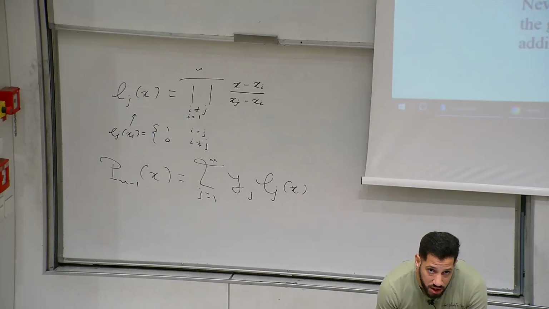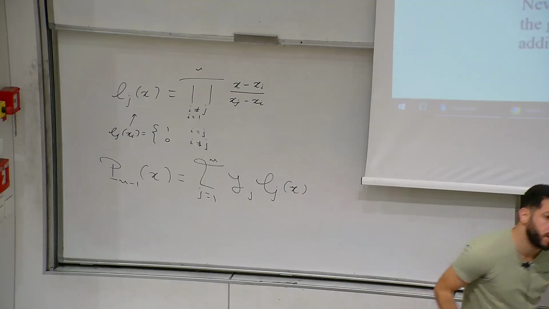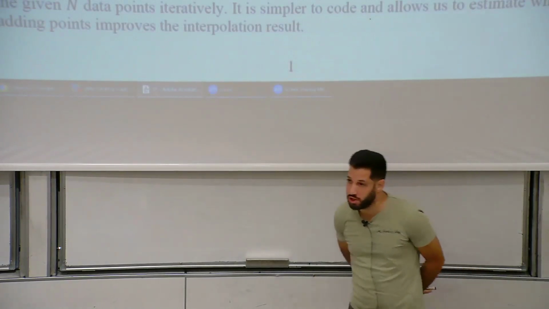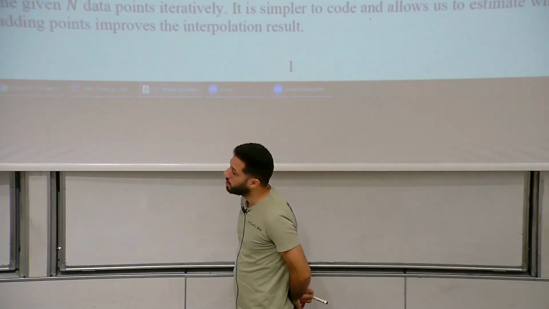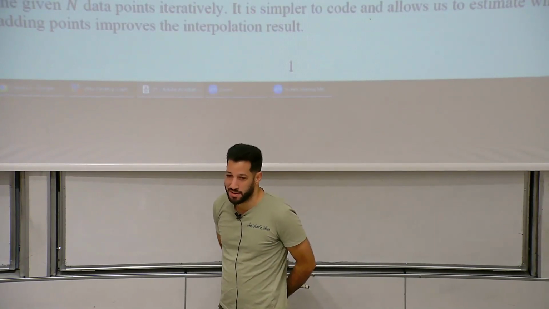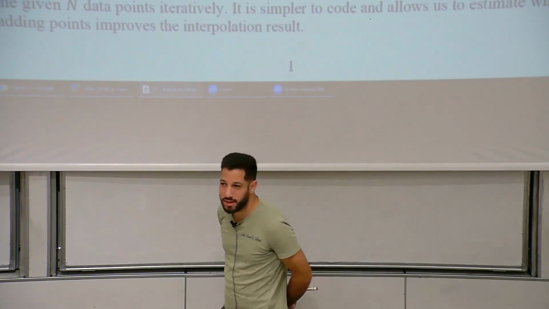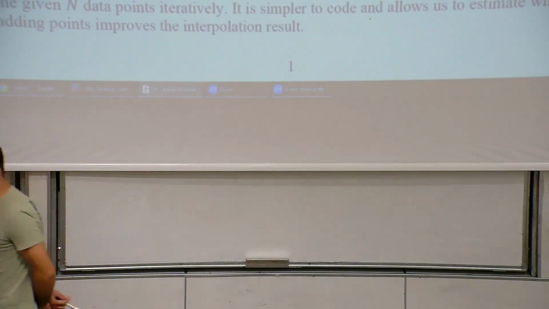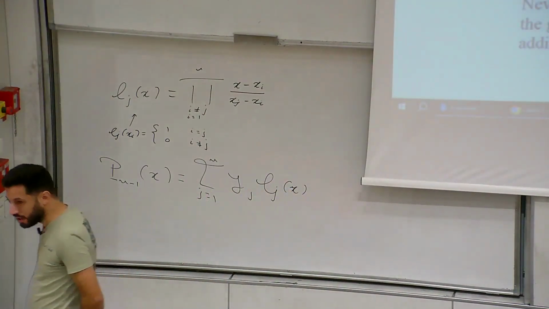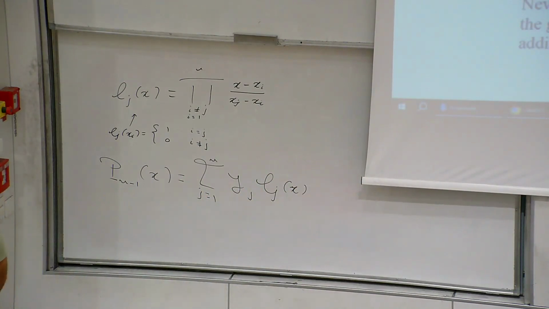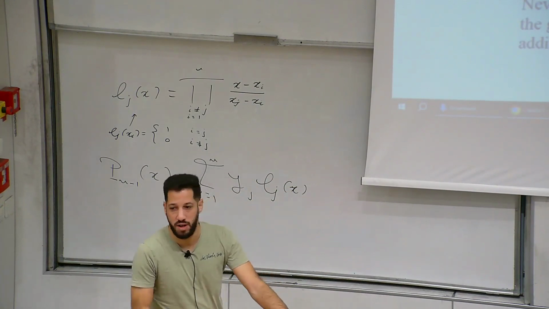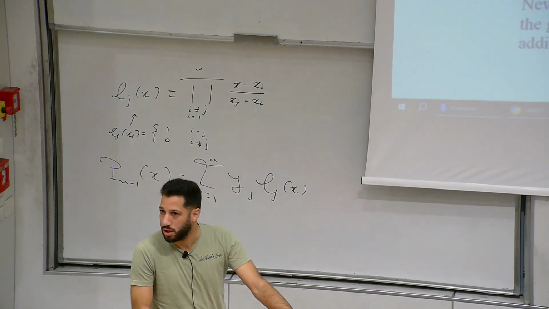Another disadvantage, as you said, is that we don't have any estimation of the error. So a question for you: what do we mean by estimation of error in interpolating? What's the meaning of error? We don't have any data about the function. Someone gave us the values of the function at some points.